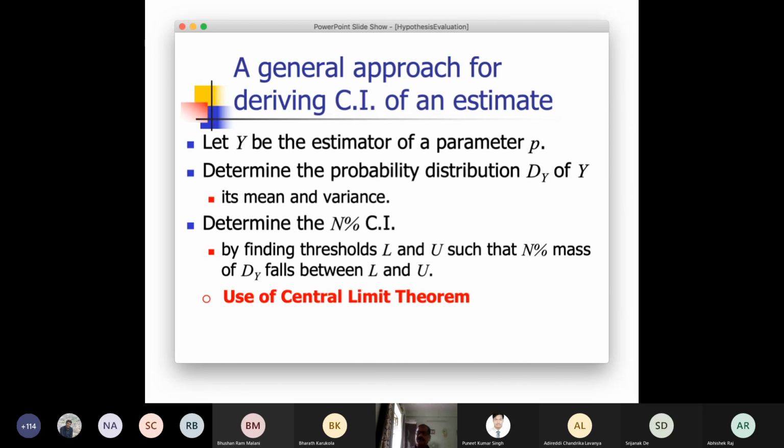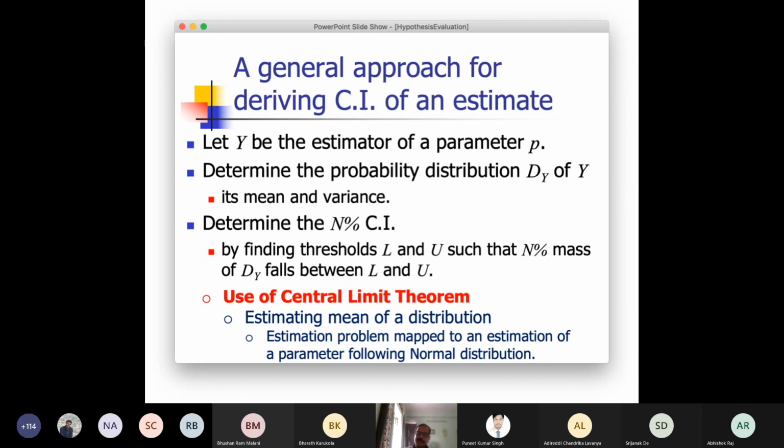So there is a theorem called the central limit theorem. Many of you know that already, and you can also consult a book on probability. This theorem is very interesting and very powerful, and it can be applied in very generic situations. What it says is that whatever the distribution of a particular random variable may be, if you estimate the mean of that distribution, then that would follow a normal distribution.